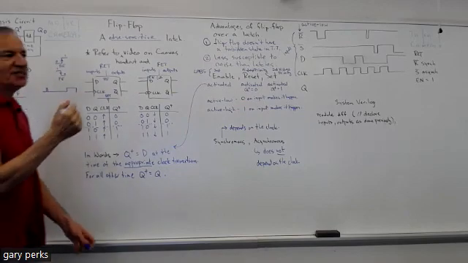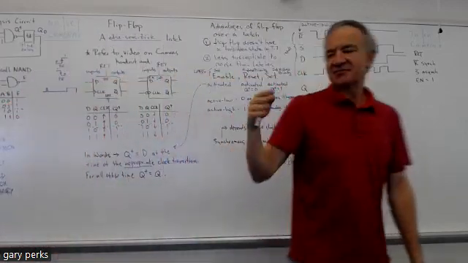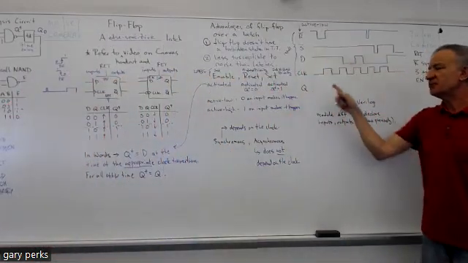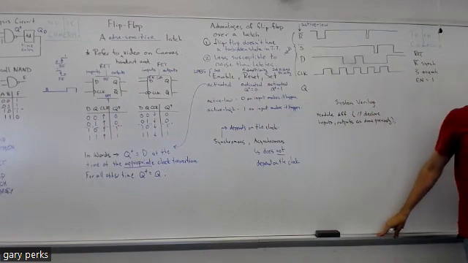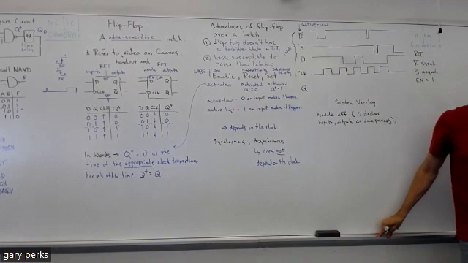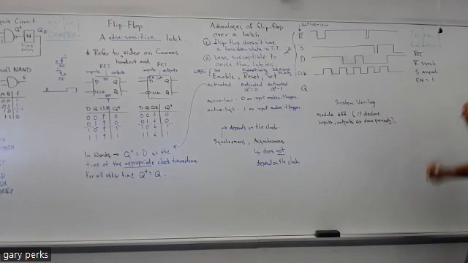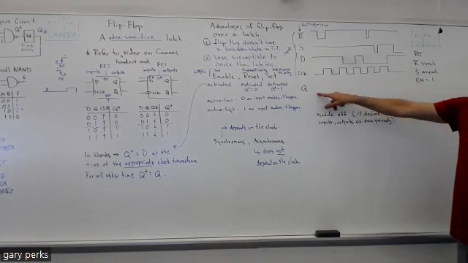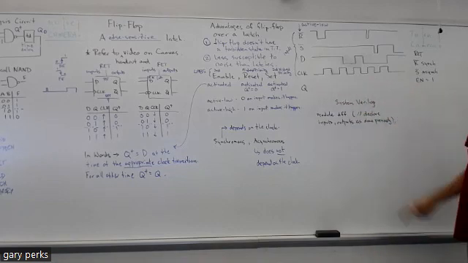What signal you connect to the clock input doesn't have to be periodic, but that's where the name comes from, because in a lot of practical circuits you do want a clock that's periodic.